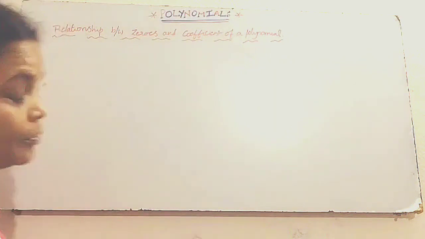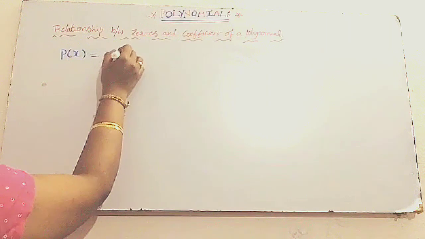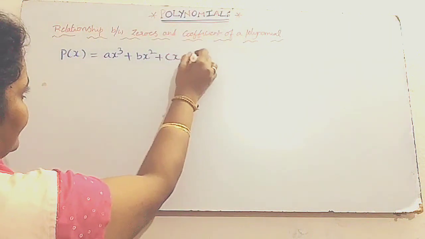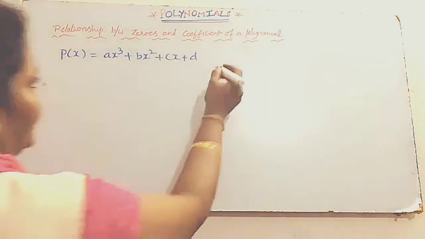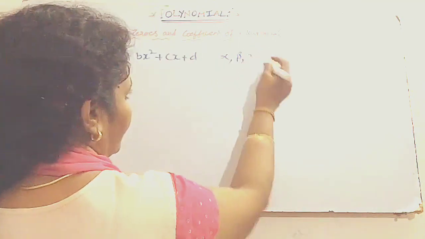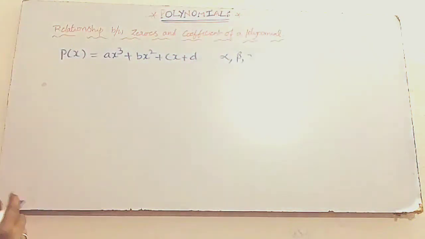So in general, a cubic polynomial p of x is equal to ax cube plus bx square plus cx plus d. Now in this, we will take alpha, beta, gamma as the roots of this polynomial equation.